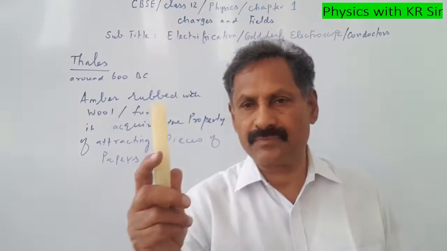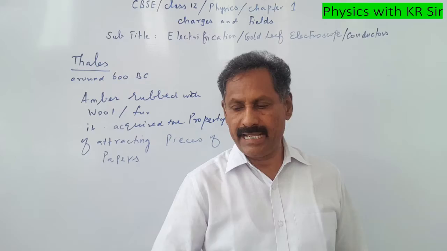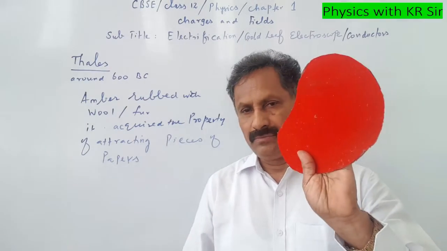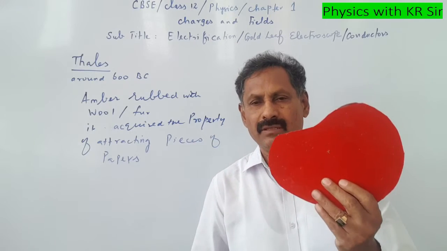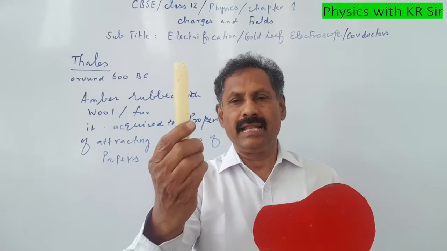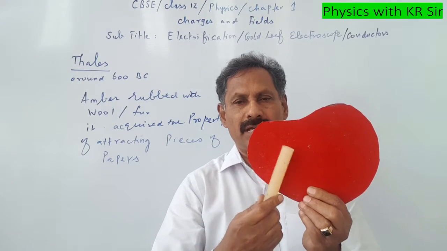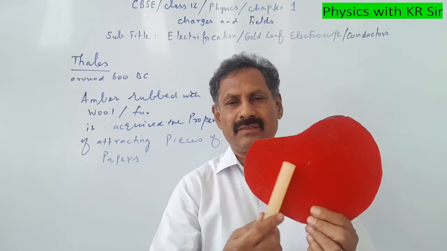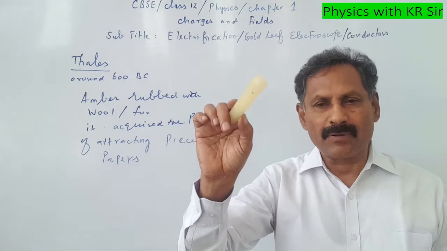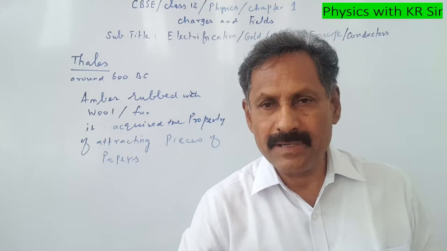For example, this is one of the kinds of wax, and wool or fur. So Thales discovered that when amber was rubbed with fur or wool, it acquired the property of attracting pieces of paper.